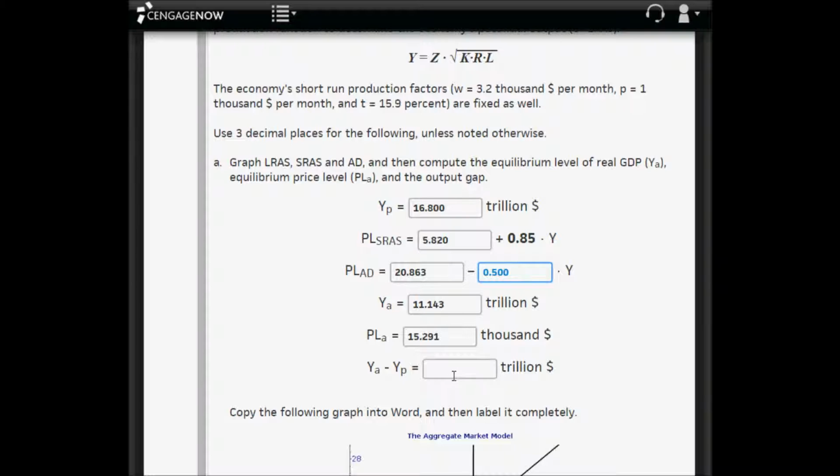The gap between the equilibrium level of GDP and potential is the difference between real GDP initial, $11.143 trillion, minus potential GDP, 16.800. I'm going to copy this into Excel to compute it.